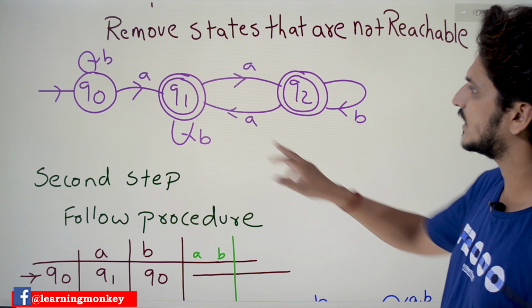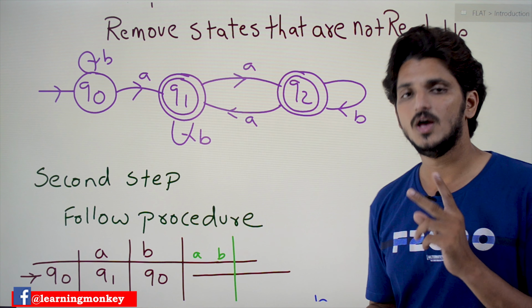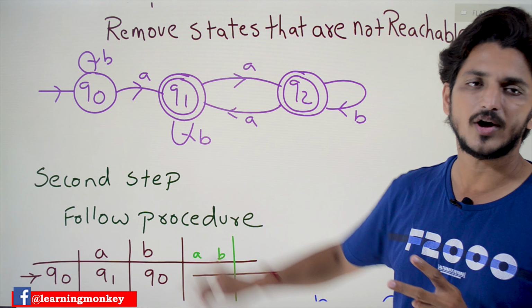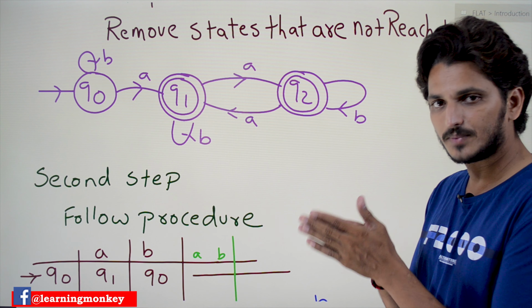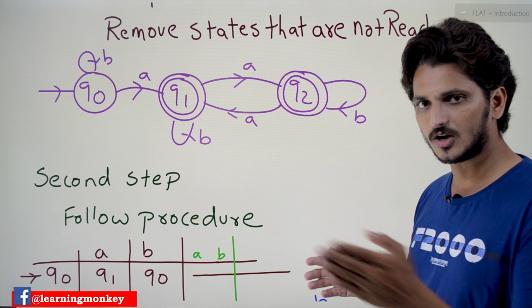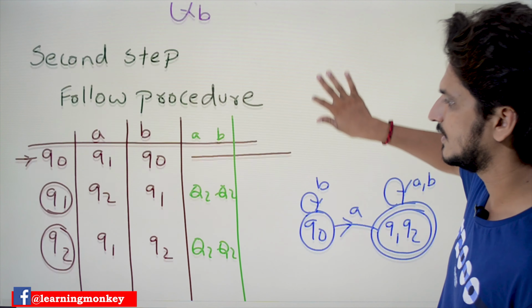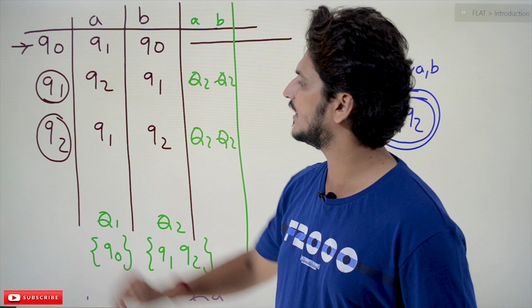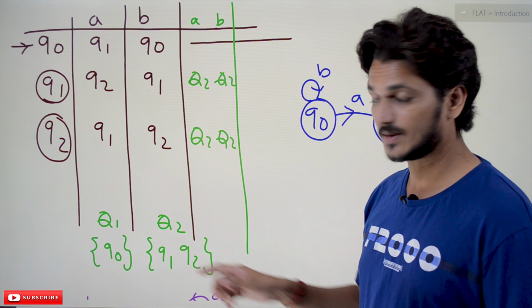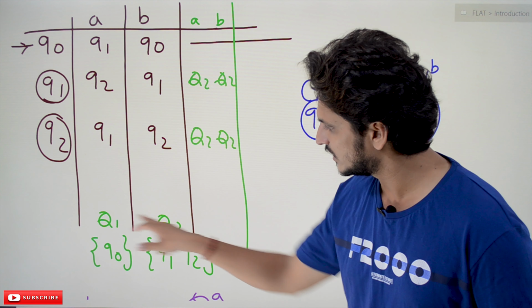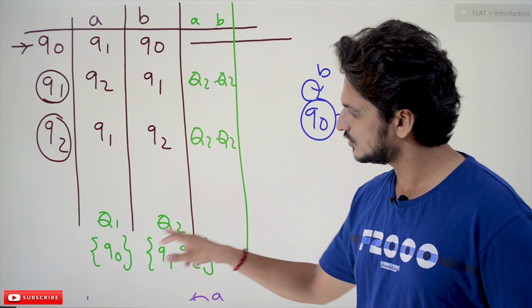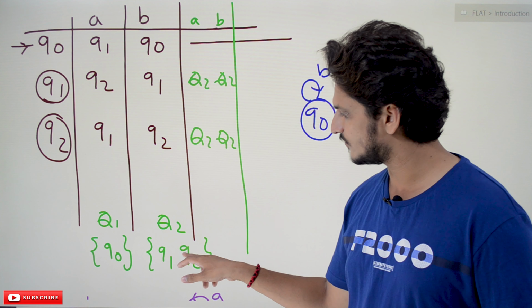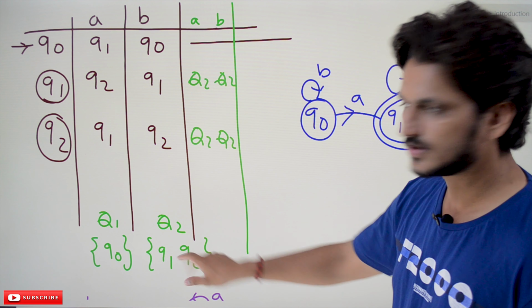In our example, we have Q1, Q2 as two final states and one non-final state, Q0. So we make the final states a separate set and the non-final states a separate set. This brown color is our DFA, and we are making two separate sets.